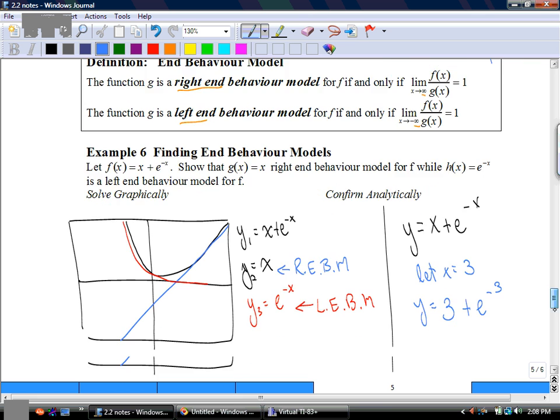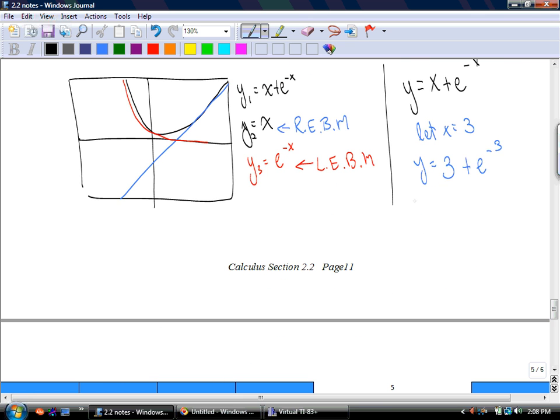Maybe we need to think about what e to the negative 3 means. It means 1 over 2.7182818 to the power of 3. Is that a big number or a small number?